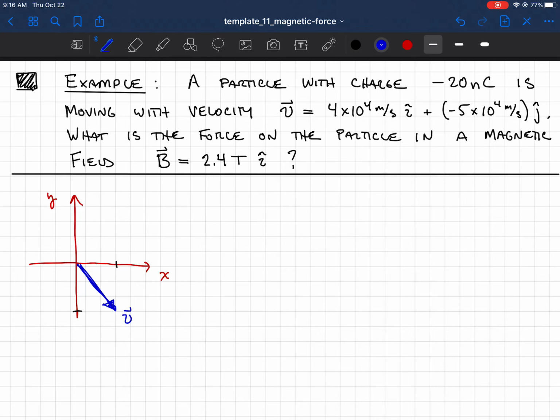And then we're told that the magnetic field points in the i hat direction. So we could draw just a single magnetic field vector, and then we could draw magnetic field lines. So maybe we'll draw them in green again. So there's a magnetic field that points in the positive x direction.